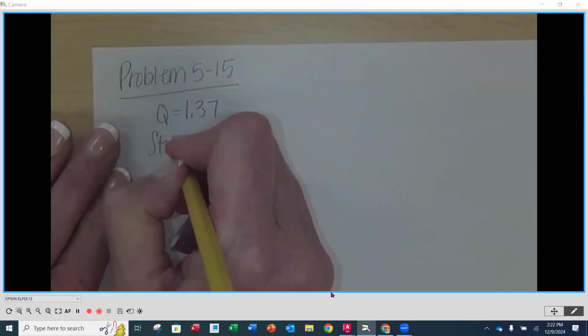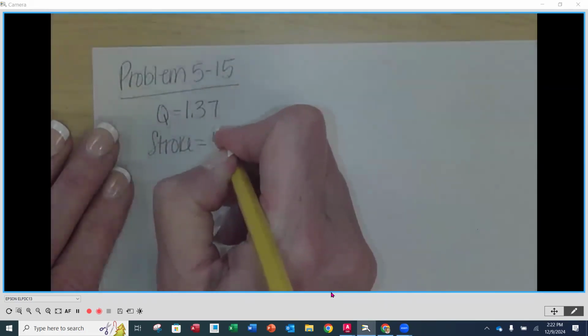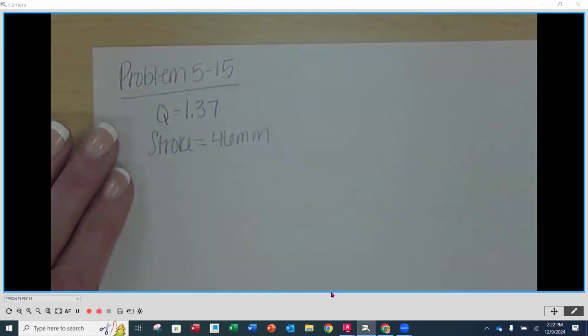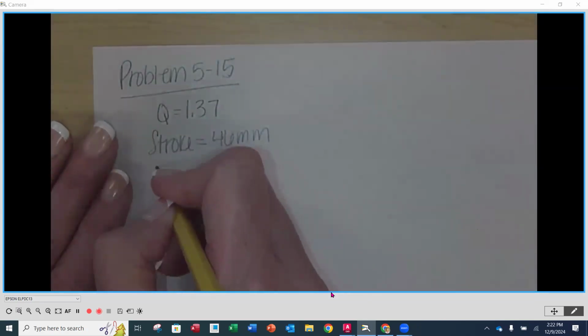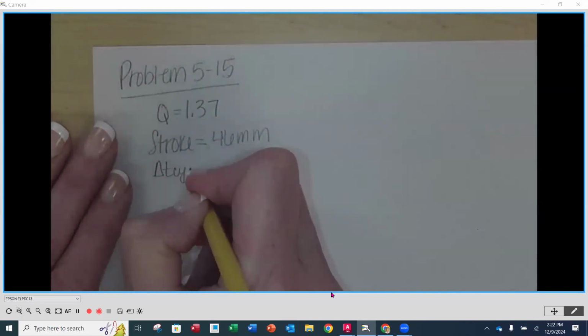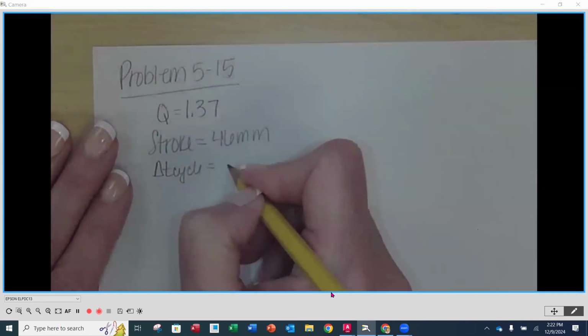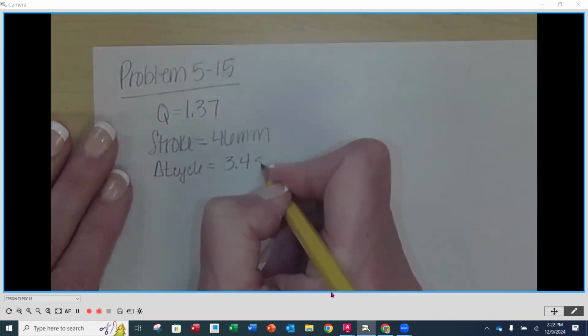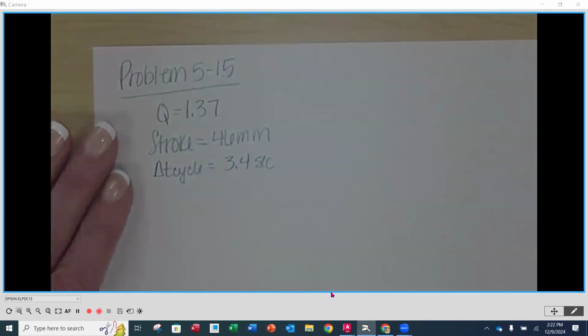Our stroke is equal to 46 millimeters, so we're going to be working with metric units this time. And our total time for a cycle is going to be 3.4 seconds. Those three are given to us on that same line for problem 515.